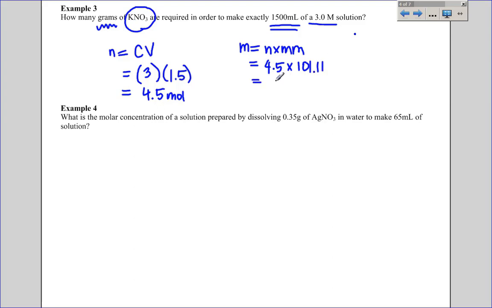And what I find is that I need 450 grams. Okay, so again, I would consider this to have 4 significant digits because I'm going to use a specialized flask to do that. So I'm limited to my 2 significant digits, which is why I rounded to 450 grams.